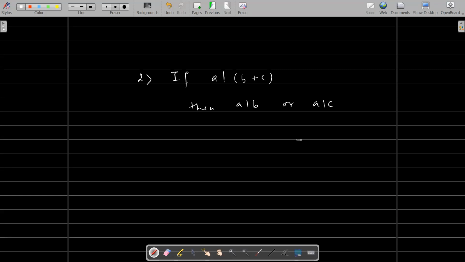Sir, is my solution correct? Yes, yes. Counter example. Yes, Arya, correct. Jinal, correct. Ashik, correct.